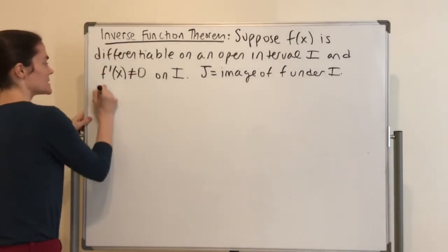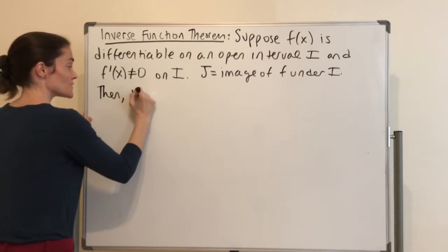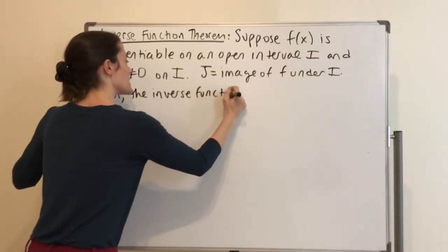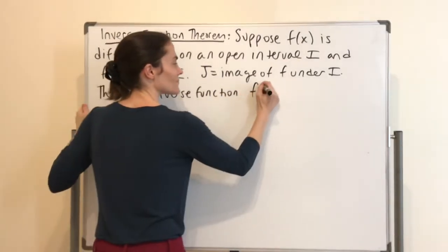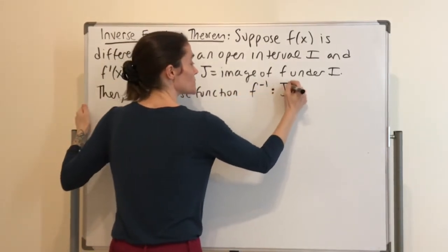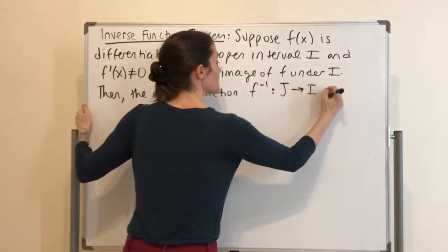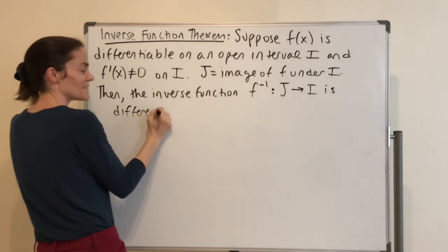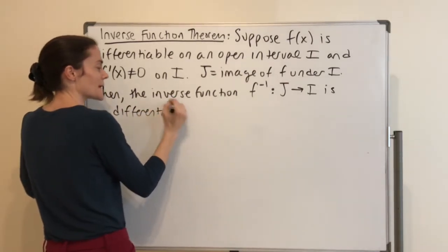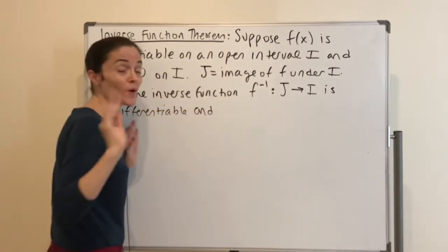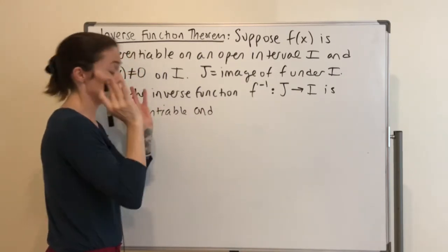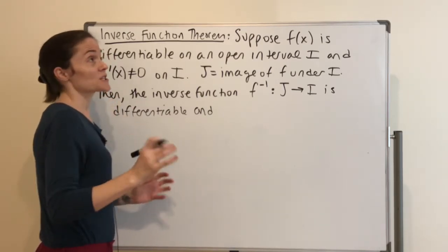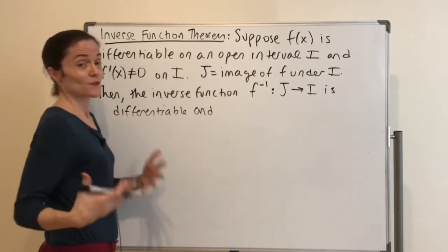Now, the statement is that then the inverse function, which goes from J to I, is differentiable, and we get a formula for the derivative of the inverse function without actually having to calculate the inverse function itself.